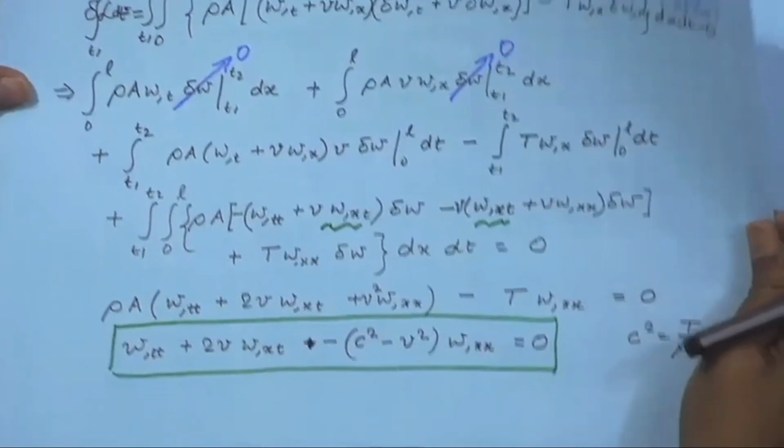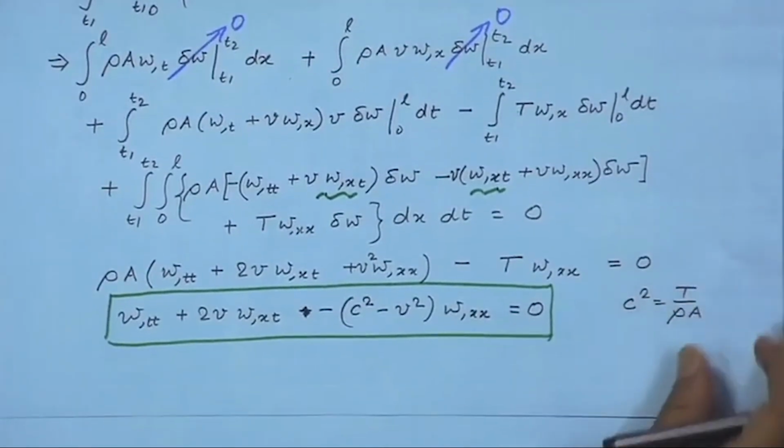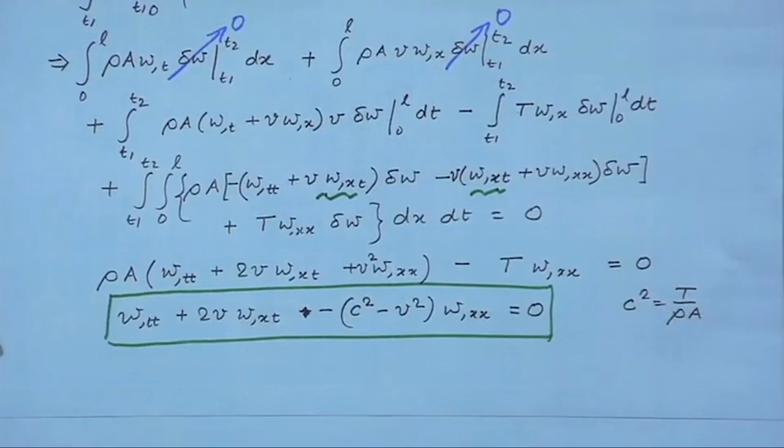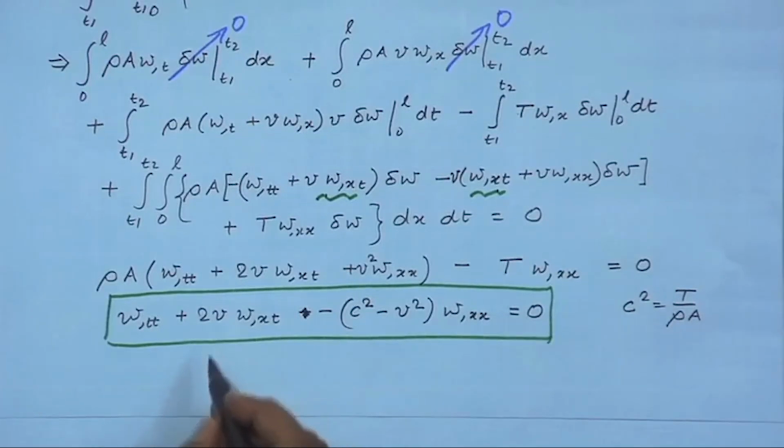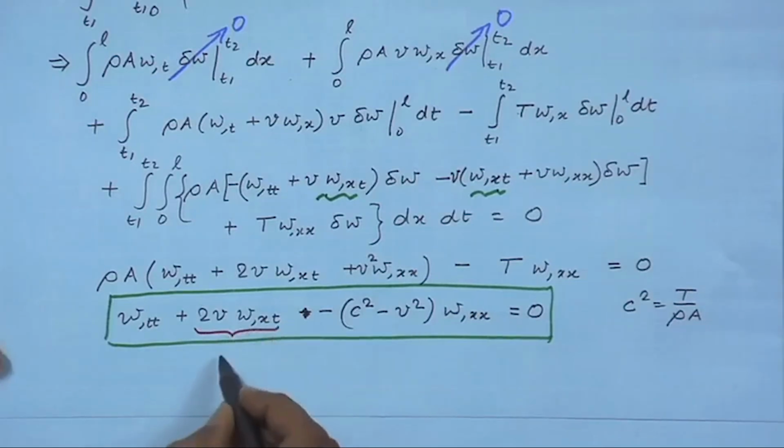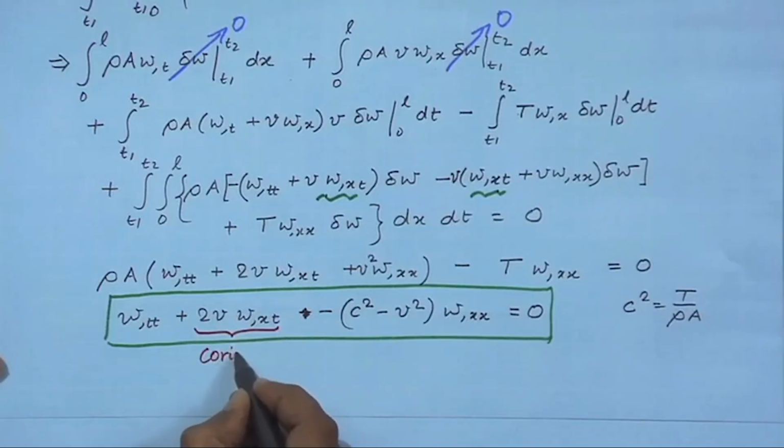Now this is the equation of motion of the travelling string. Now, here let us identify a few terms. This term is because of the Coriolis acceleration.